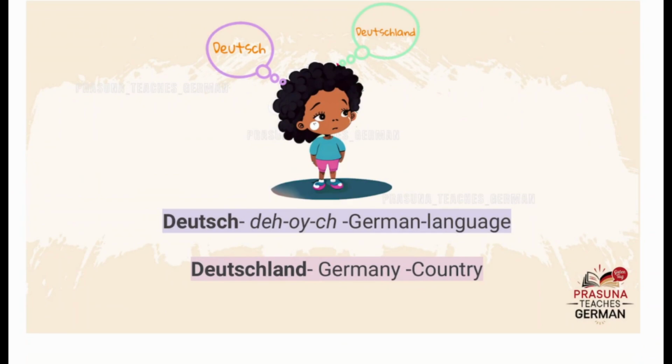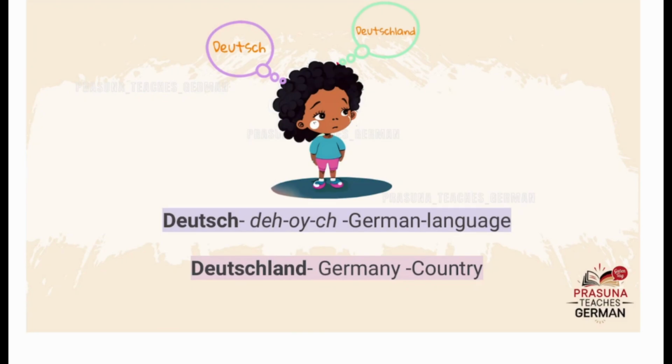Mostly, once you decided to learn this language, you might have heard the word Deutschland. I want to tell a few things about this language. The first is that it is a sound-based language. Each and every alphabet has its own sound. So if you know the sounds, you can easily pronounce whatever word, the length of the word doesn't matter.